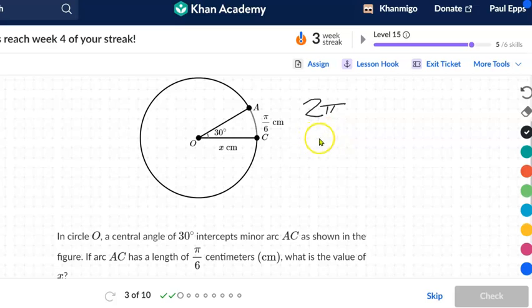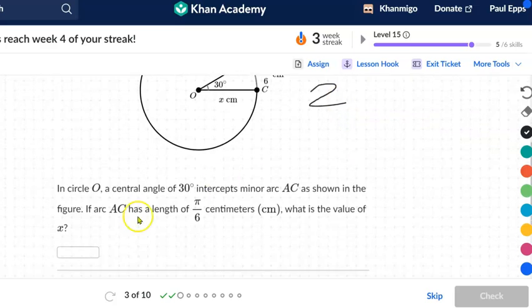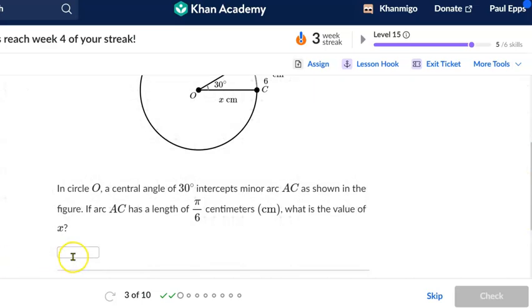So the diameter is going to be 2, and the radius is going to be 1. I'm sorry, I got to turn that off. I can't draw and write at the same time.